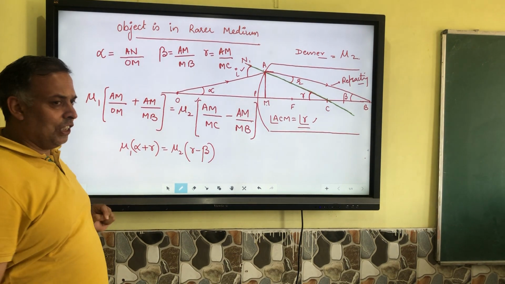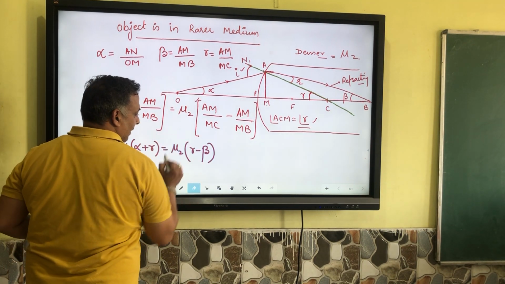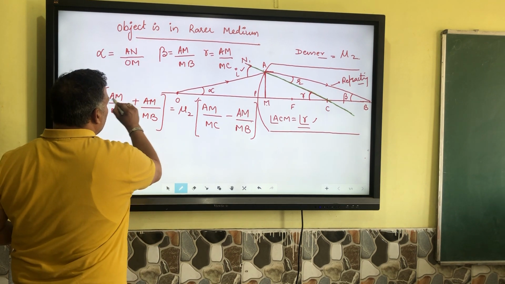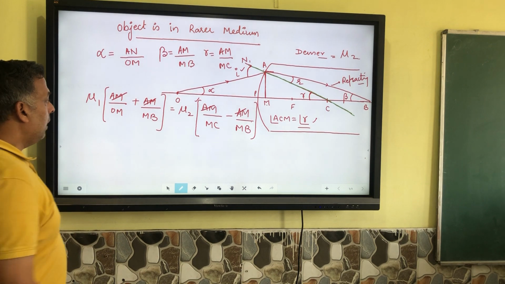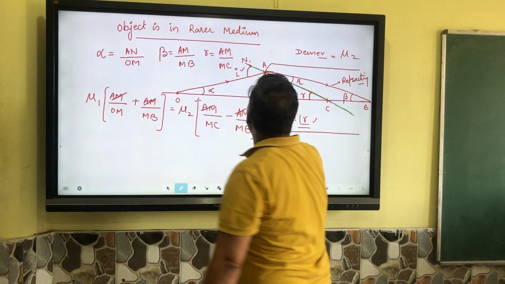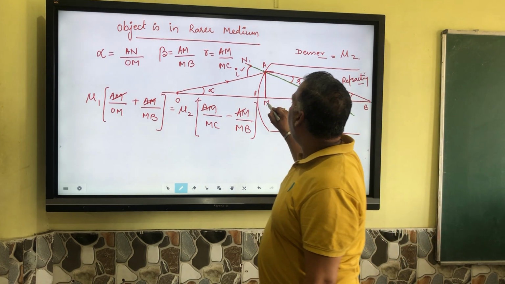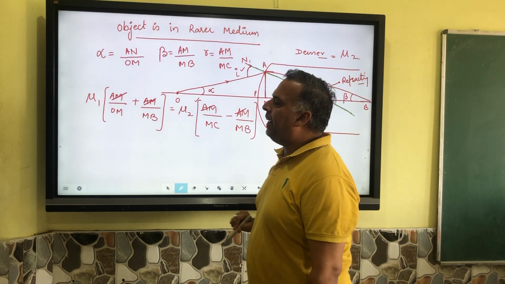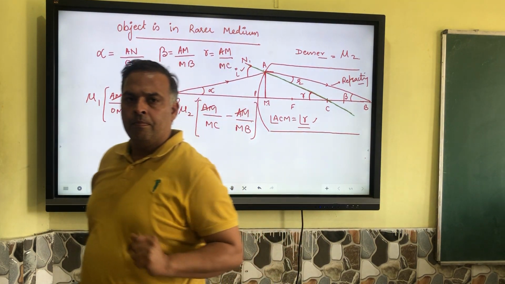See, in all the cases AM is there, so we can cancel out AM. And M is very near to P. Instead of M, we can replace it by P, because all the distances we have to measure from the pole.